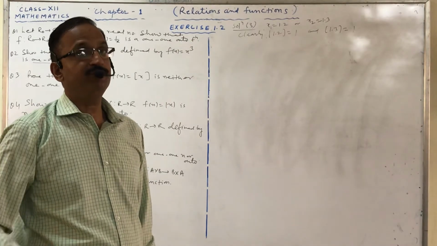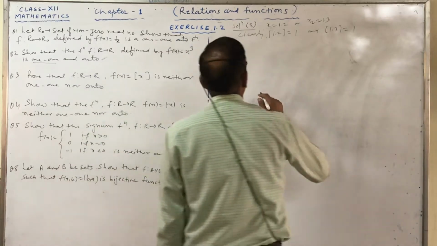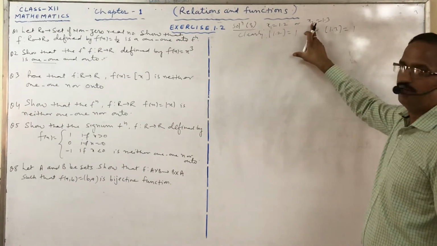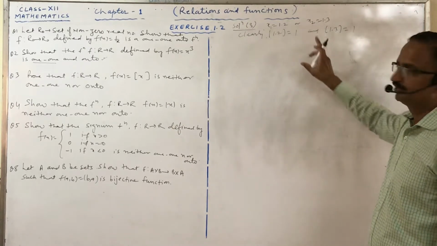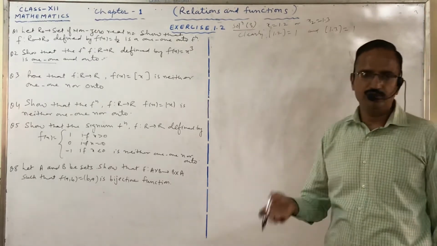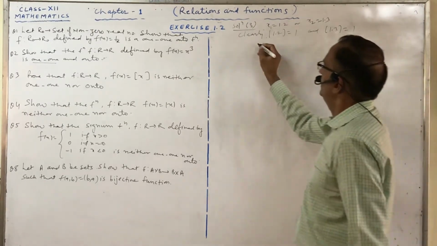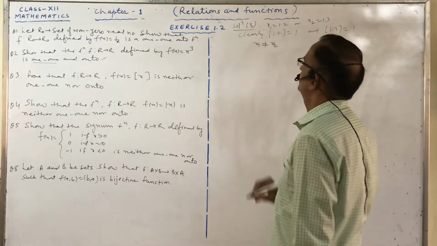So it is a type of many-one function, not one-one. So we can write f(x1) = f(x2) even though x1 is not equal to x2.